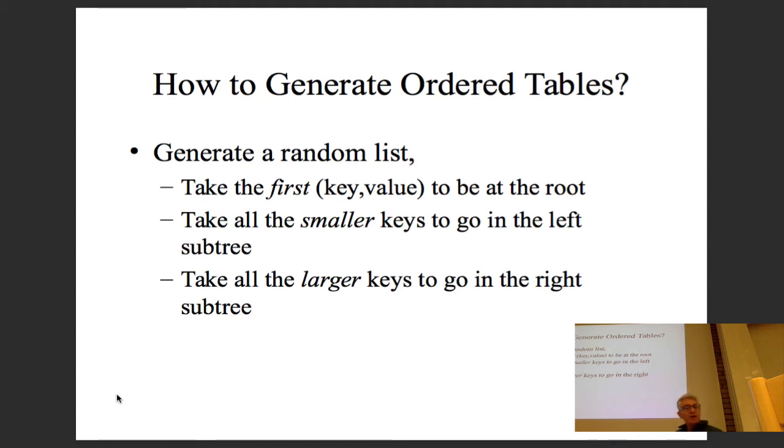And then I'm going to recursively look for all of the pairs with smaller keys and build a table from those and put them on the left. And all the bigger keys, I'll build a table from those and put that on the right. So the key will be to start with an arbitrary list of key value pairs and build the tree in such a way that it's guaranteed to be in the right structure. Okay?